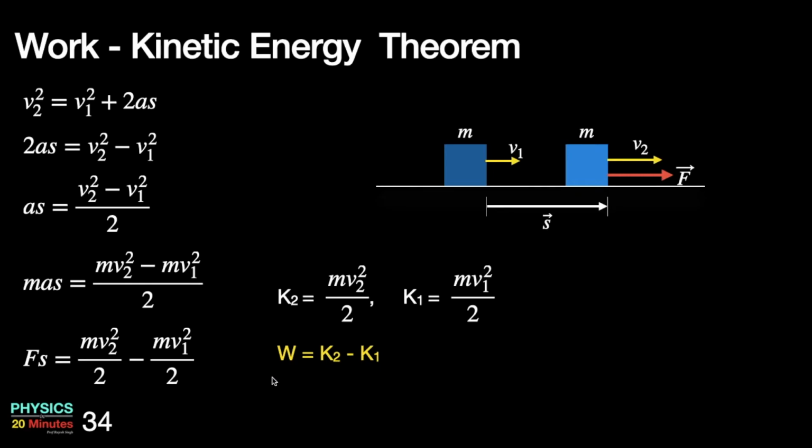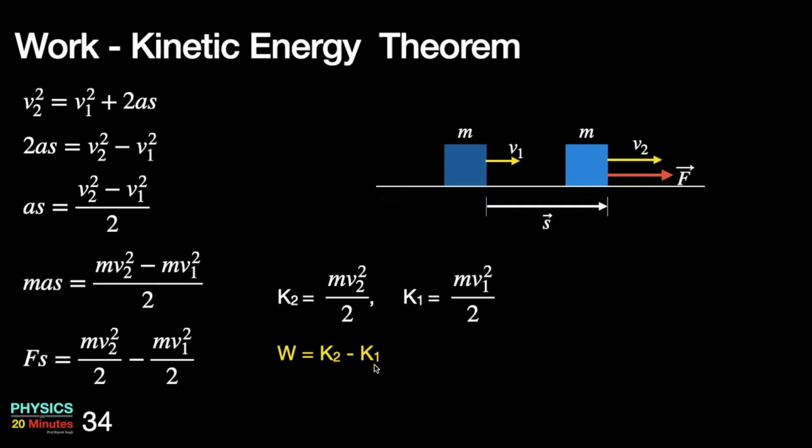So the work done is nothing but the change in kinetic energy. And always remember, when you are writing this change, it should be final kinetic energy minus initial, and not the other way around. So be careful.